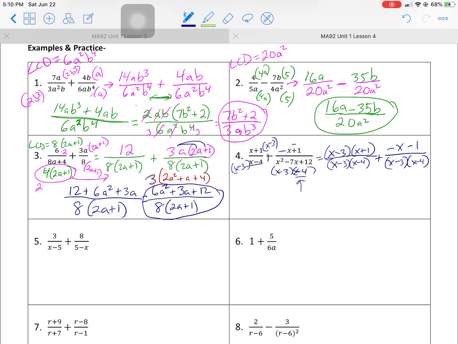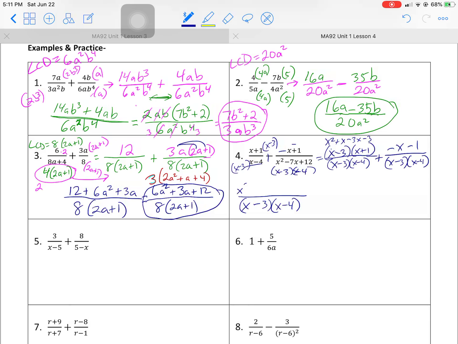Okay, so then this all gets combined together. And I need to FOIL this back together. This is x squared plus x, or 1x, minus 3x minus 3.